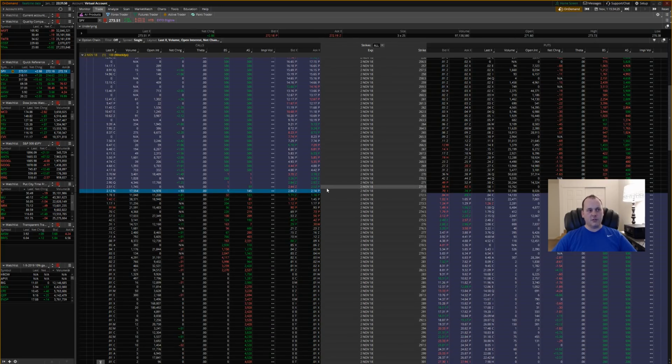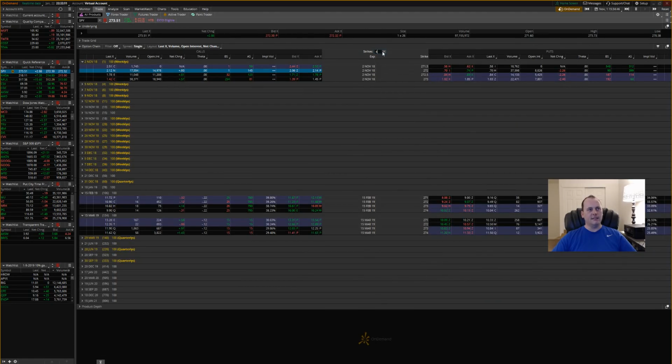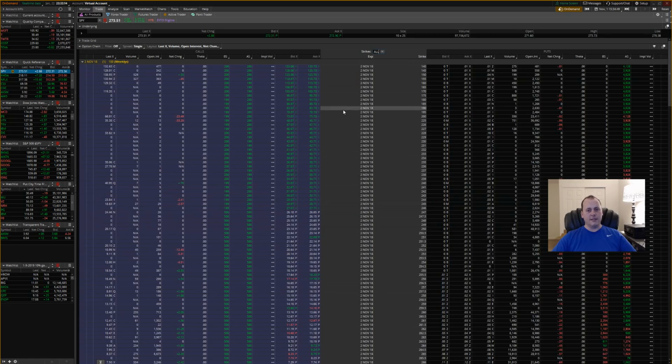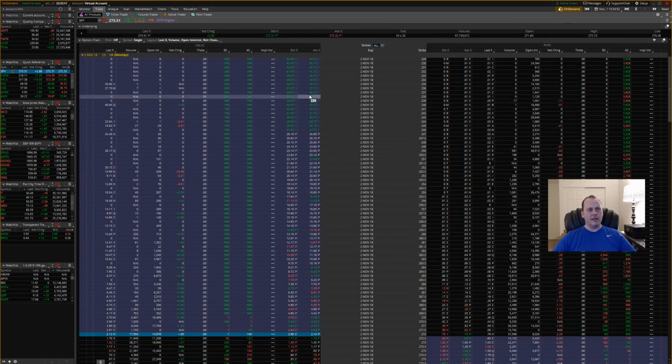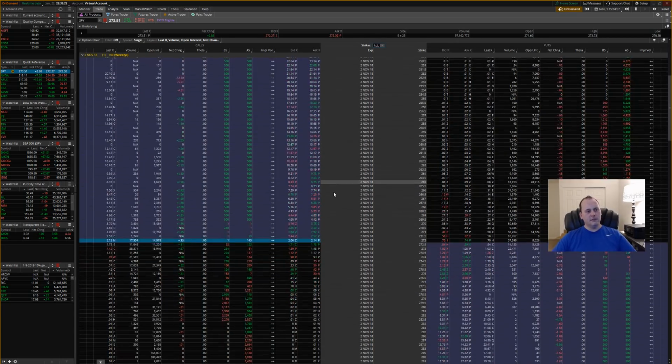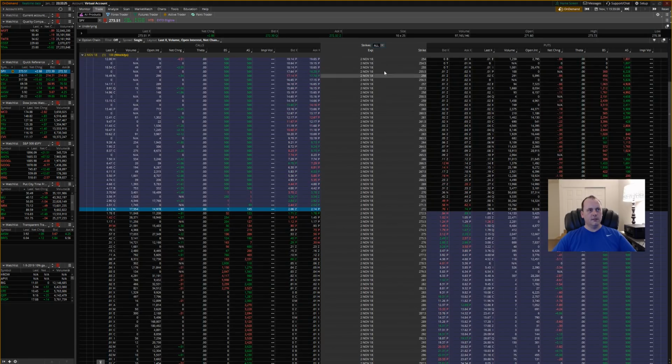If you wanted to buy a contract on Thinkorswim, if you want to buy calls thinking that the price is going to go up, you just simply find the strike price that you want, and if all this information isn't here, you can actually click right here in the middle and it breaks it down like that. I like to have them all on so I can see everything. Even though I would never buy up here just because it wouldn't make any sense, I personally like to see it. So I would click all right there, and it would bring up everything for these contracts.